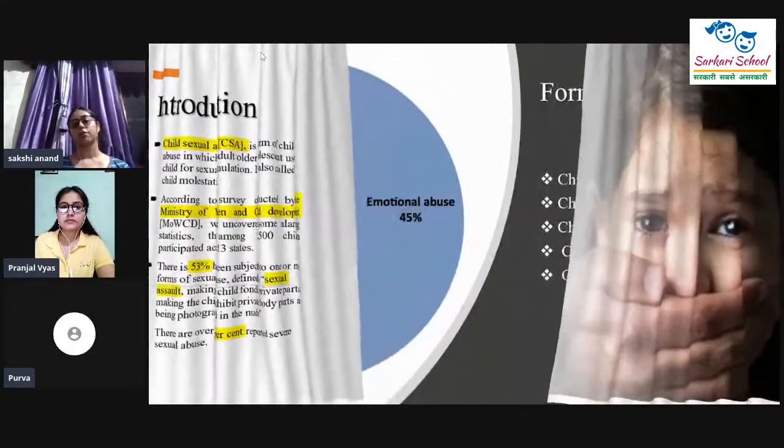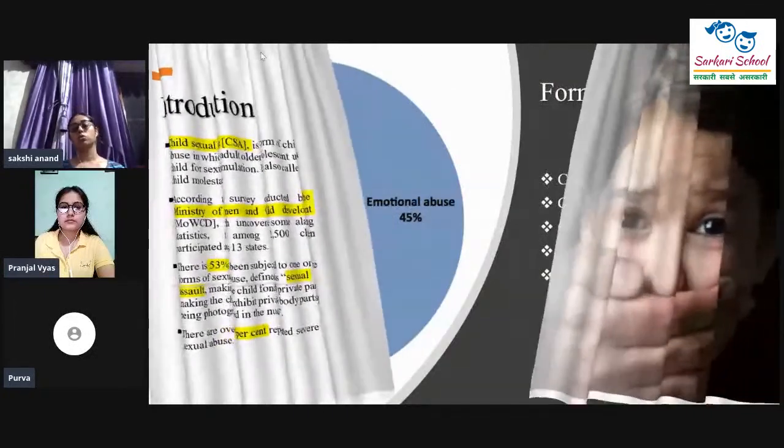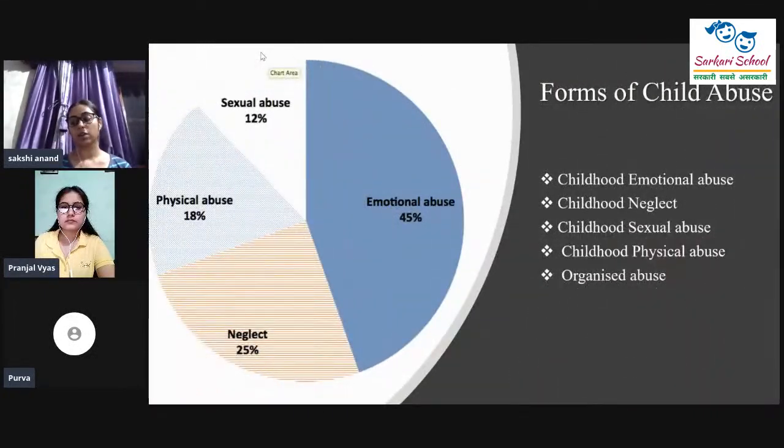Now, if we are talking about abuse, there are mainly five types of abuse. First is emotional abuse. Second is childhood neglect, third is child sexual abuse, then childhood physical abuse, and last is organized abuse. I want to give a brief intro to these forms of abuse.